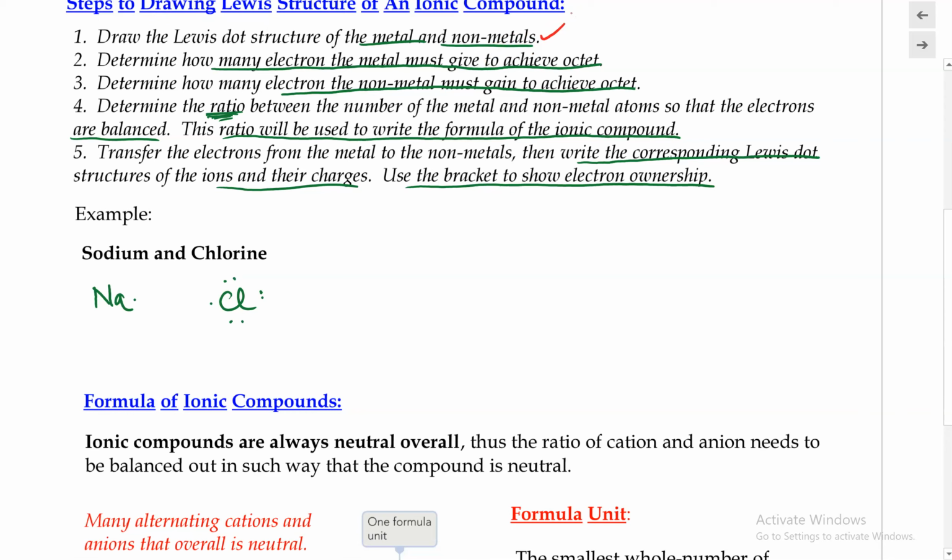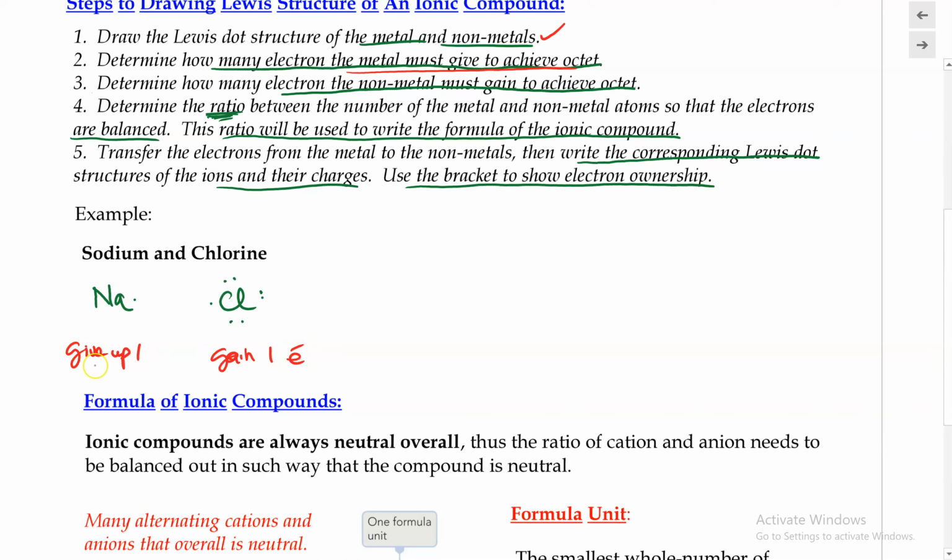Now for step 2, we need to determine how many electrons the metal must give up to achieve an octet. Here we can see that sodium has 1 valence electron, so it would like to give up 1 valence electron. As for chlorine, in step 3, we can see that it needs to gain 1 electron in order to achieve an octet.